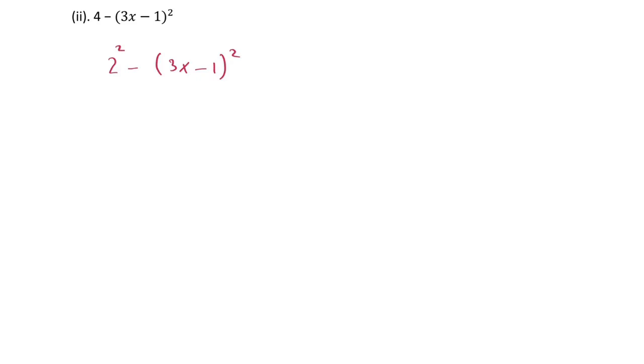Okay, so for this one, we can see that this is the difference of two squares, and it can be factorized as in brackets 2 plus 3x minus 1 times in brackets 2 minus in brackets 3x minus 1.